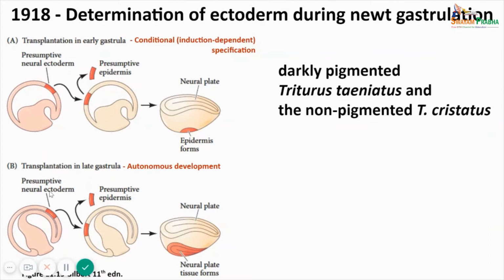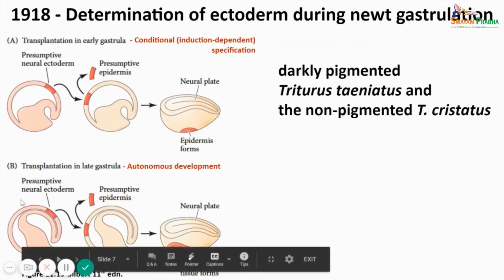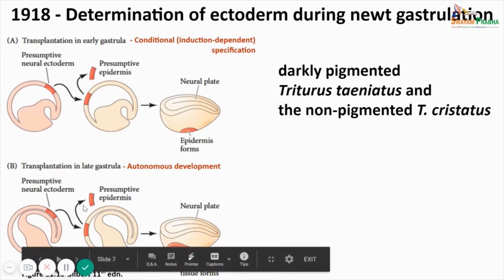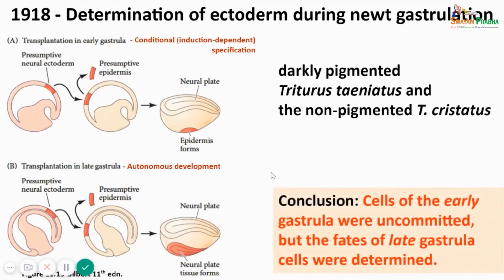While when the similar experiment was performed on embryo at the late gastrula stage, the transplanted neural tissue developed into neural structures only, and prospective epidermis formed skin irrespective of the location wherever these tissues were transplanted. So from this experiment, he made the conclusion that the cells of an early gastrula were uncommitted, but the fates of late gastrula cells were determined.